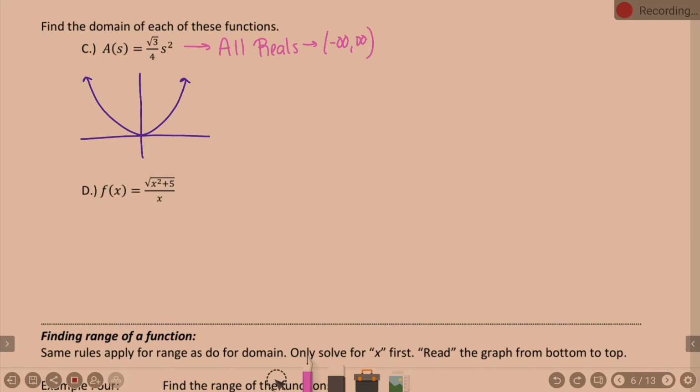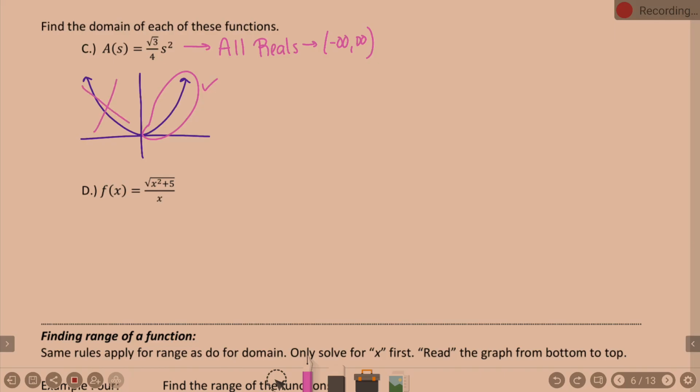If we now involve that scenario, does all reals still work? No, because the side of a triangle cannot what? Cannot be negative. So, in this case, what that means is this side is good. This side is not good.